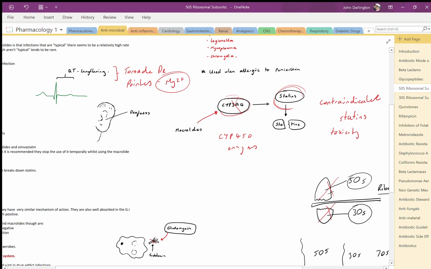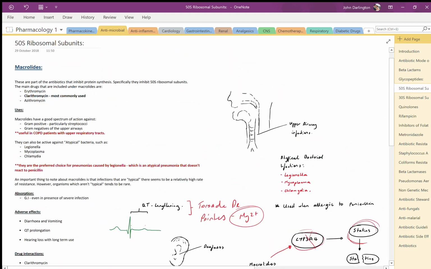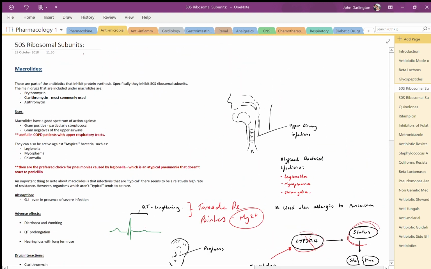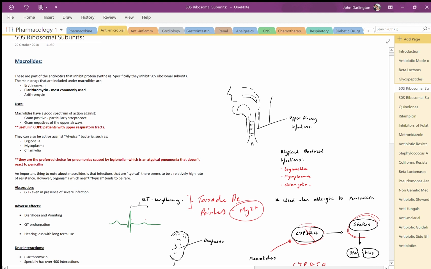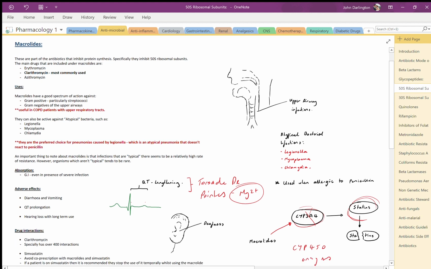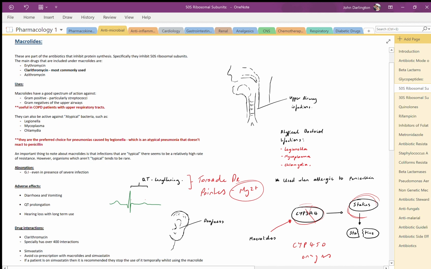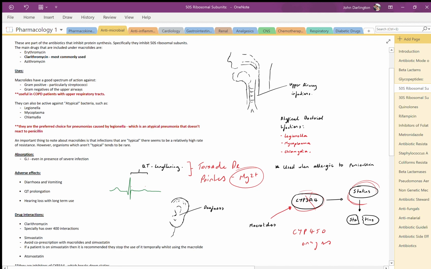So the key points to take away from this are 50S ribosome subunits are important for protein synthesis. Macrolides block the 50S ribosome and thus prevent protein production from the bacteria, and so the bacteria eventually die because they're unable to carry out necessary protein production.